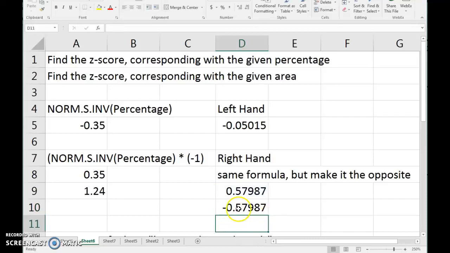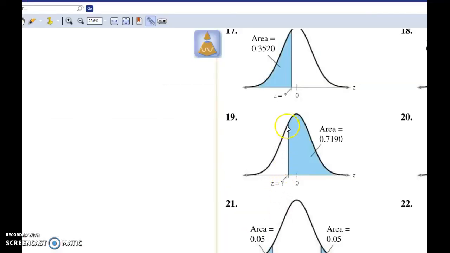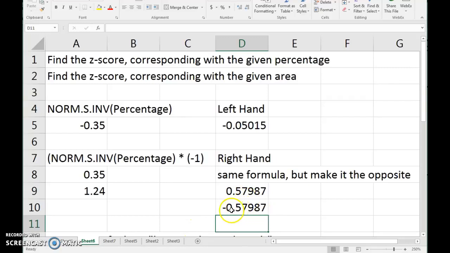This is the z-value that marks having this much area to the right of it. And always think about your answer. This z-value is definitely to the left of our mean, so it definitely needs to be negative. So that could be a hint that a positive answer is wrong. It needs to be the negative of that because we're to the left of the mean. So use the same formula, but make it the opposite.